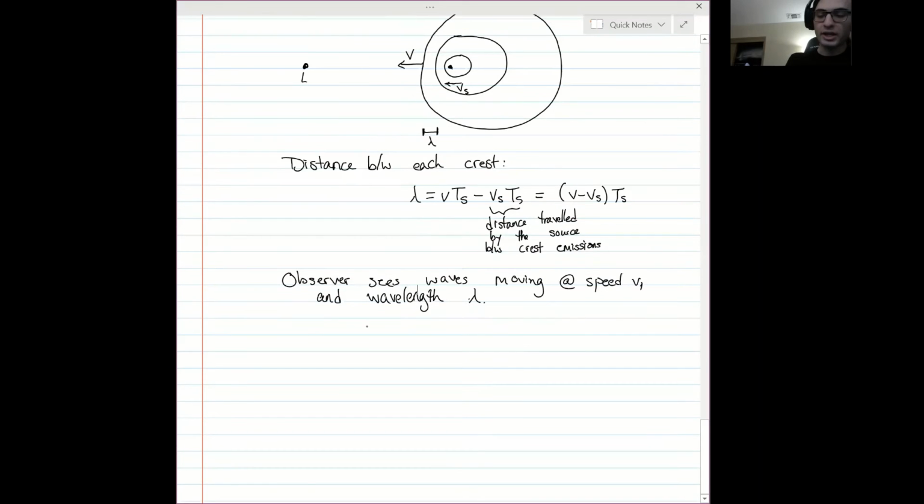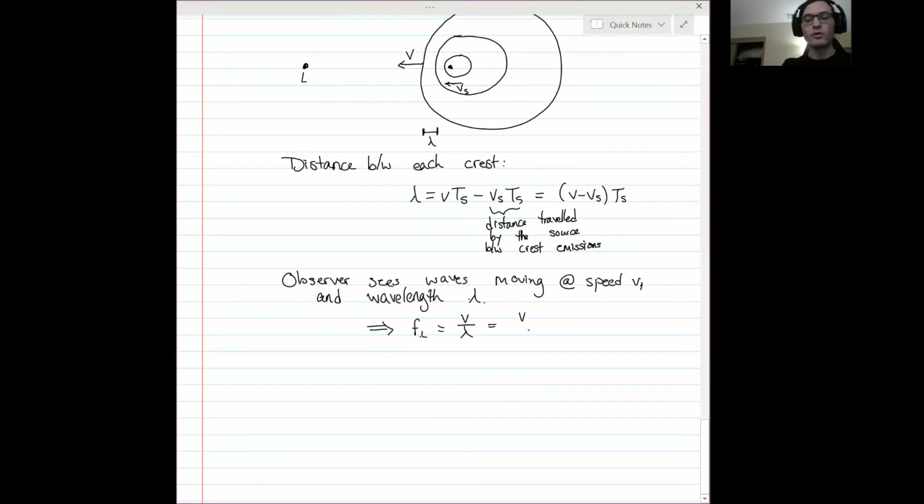So what does that tell us? That tells us that the frequency that the listener observes is V over lambda. That's always true, right? It's always true that frequency is V over lambda, but now lambda takes on a different form from what we're used to.